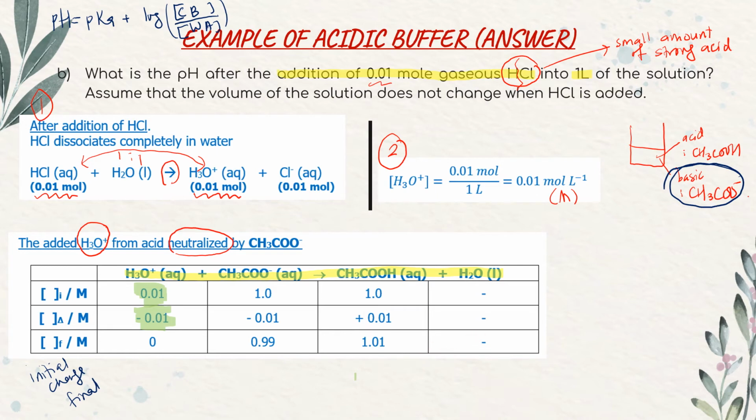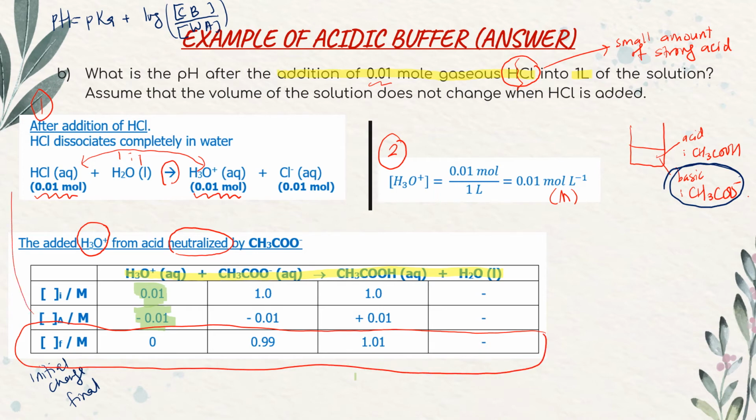So this is what we have here. I am using the pen. This is the concentration that we will use to put back into our Henderson-Hasselbalch equation for the acidic buffer system.